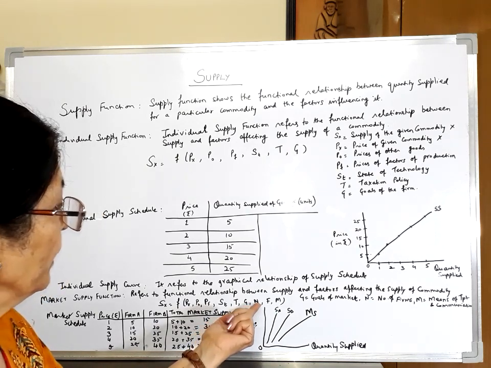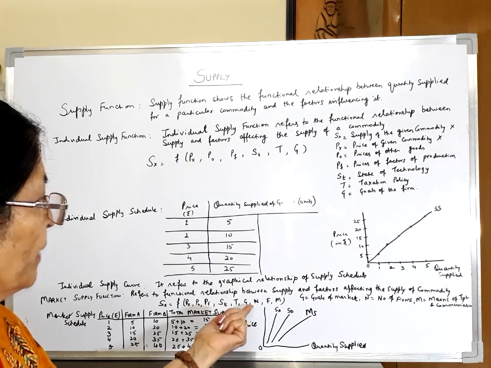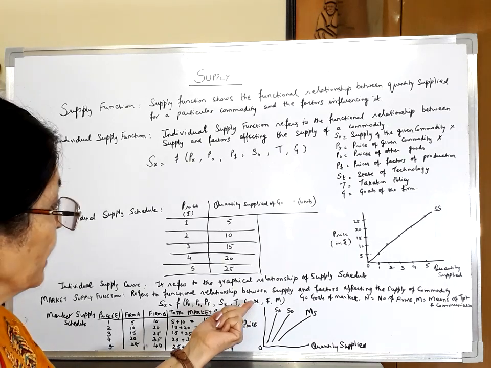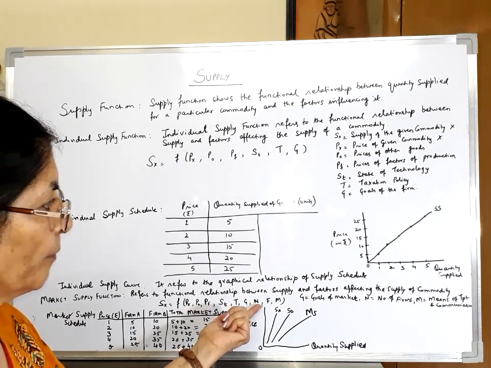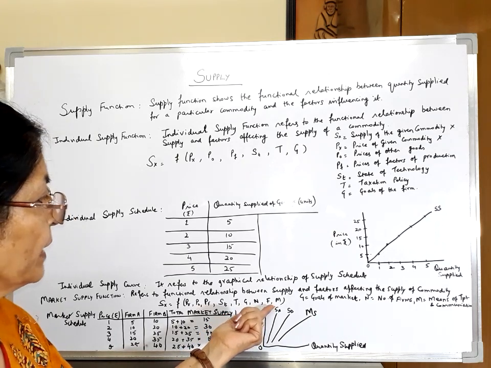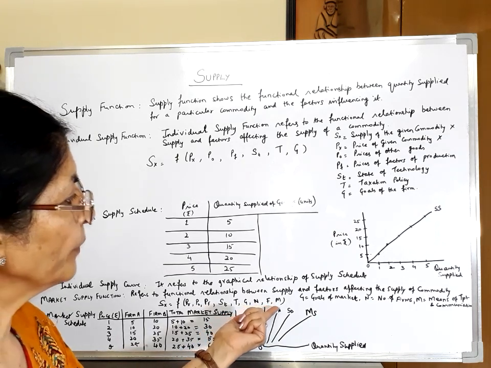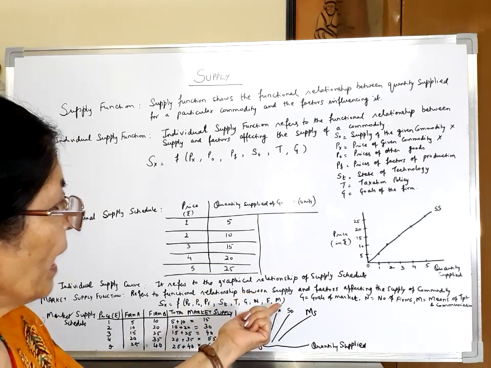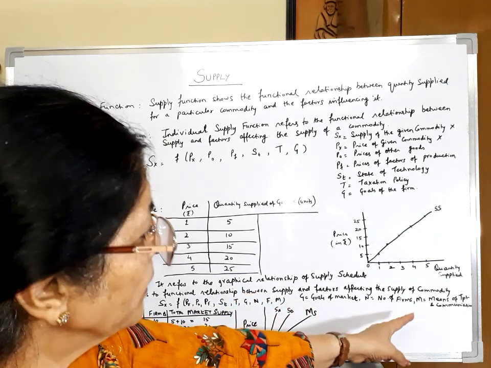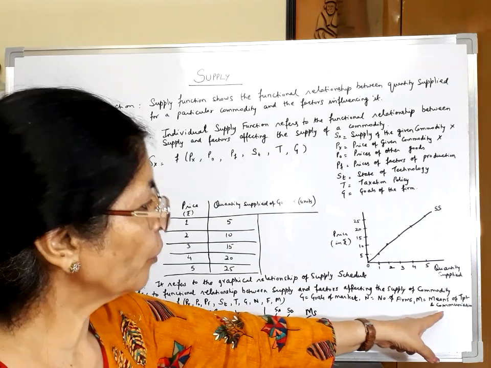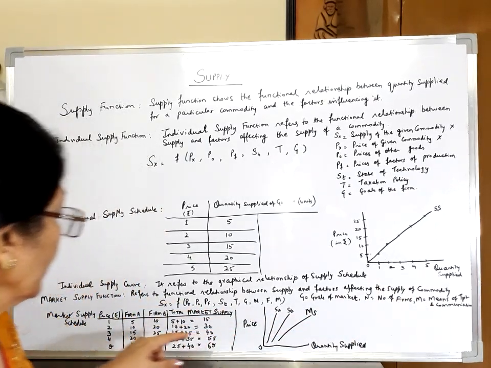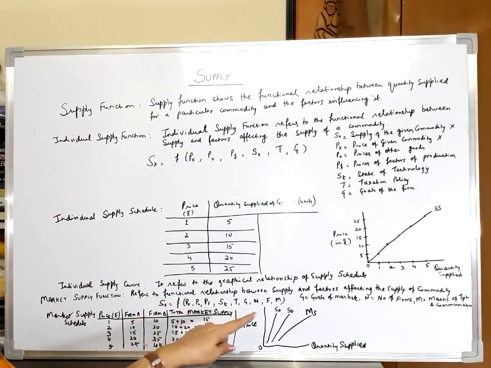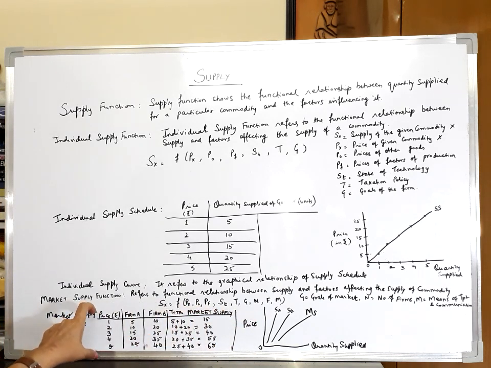The goals of the firm become goals of the market. N here stands for number of firms in the market. F stands for your total factors of production, and M stands for the means of communication.